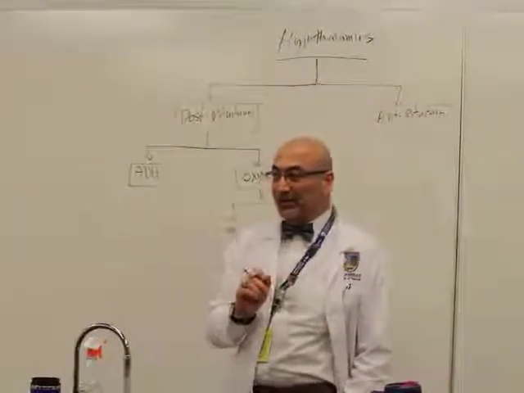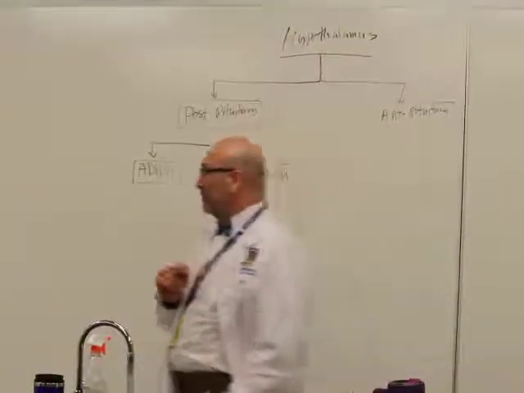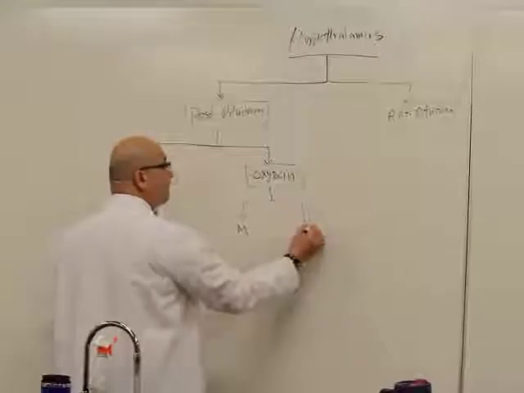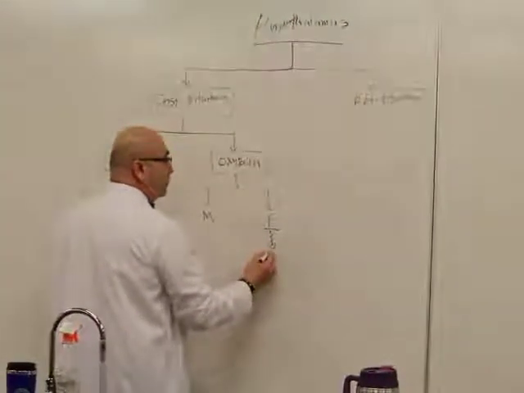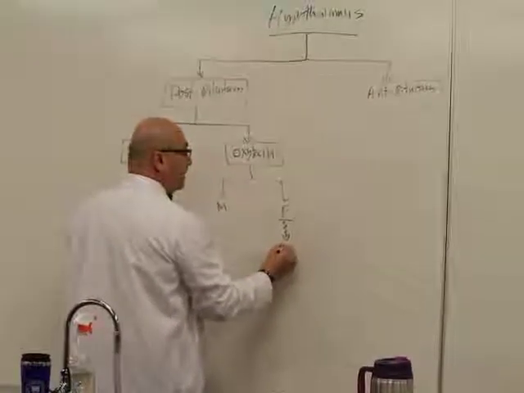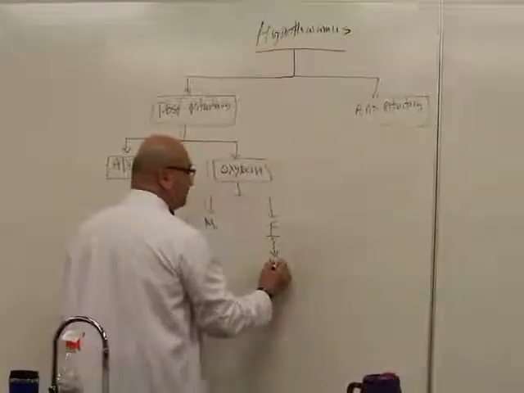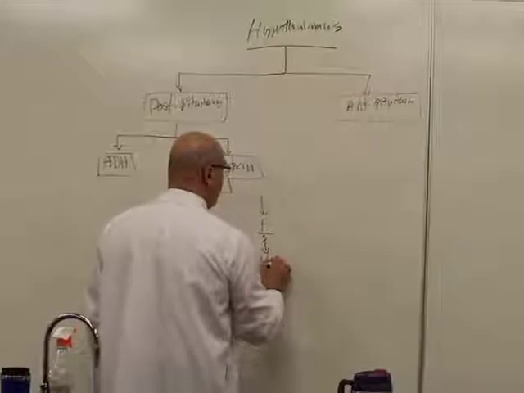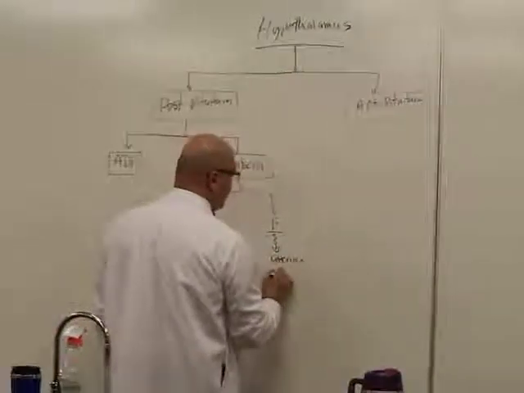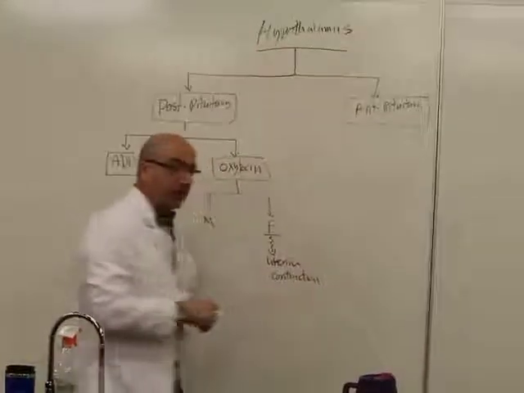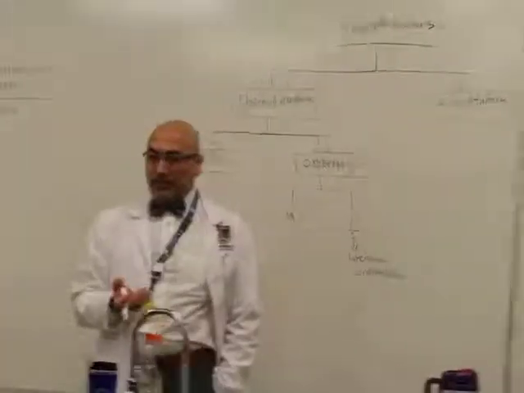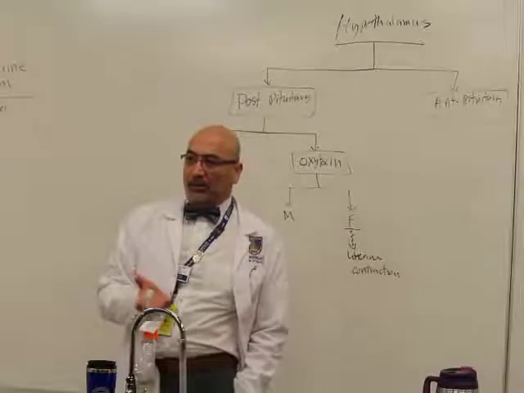So oxytocin is one of the main hormones involved in a female's body. So you would be involved in uterine contraction. And then we already know uterus is made of what?